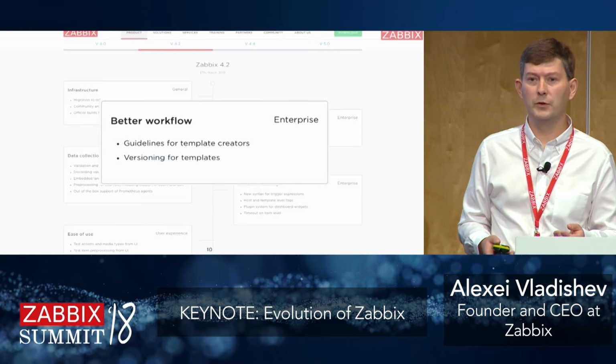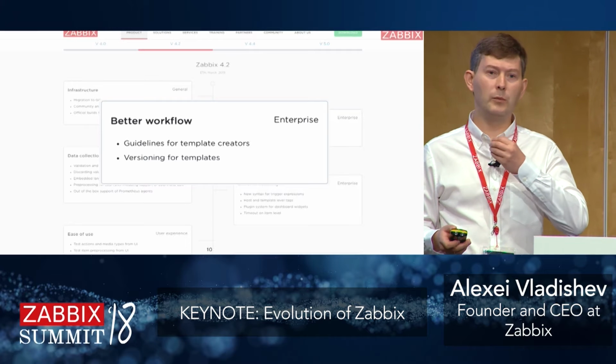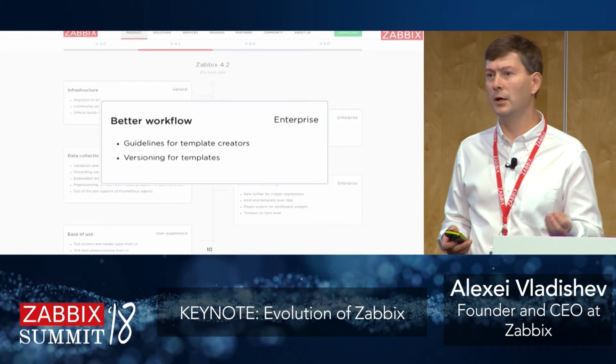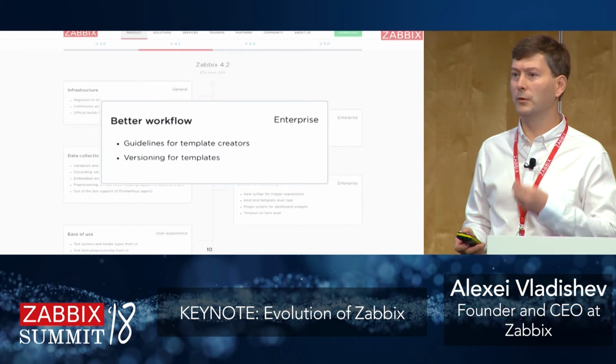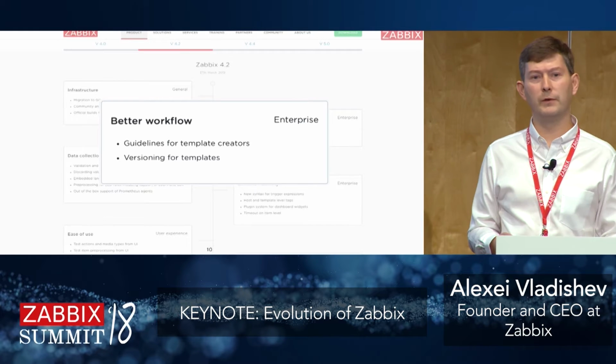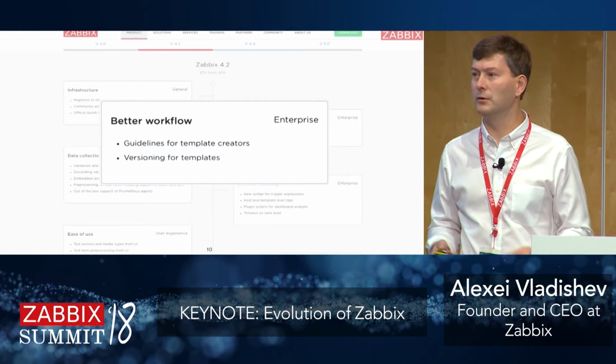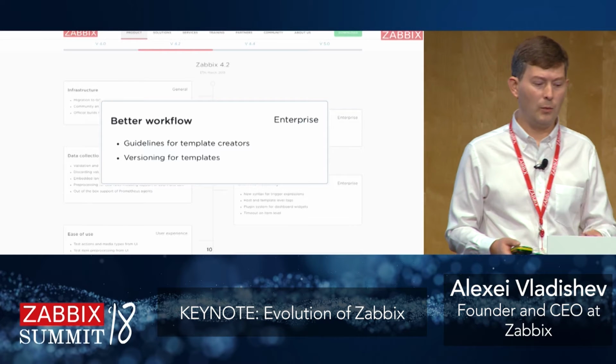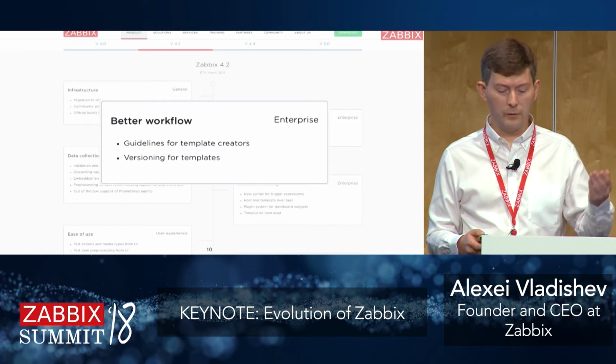It's about naming convention, about what kind of problems we are going to detect, about usage of macros, and many different things. How to use value mappings, and do we have to use value mappings, preprocessing, and so forth. This should be well defined, and we should work on those best practices.